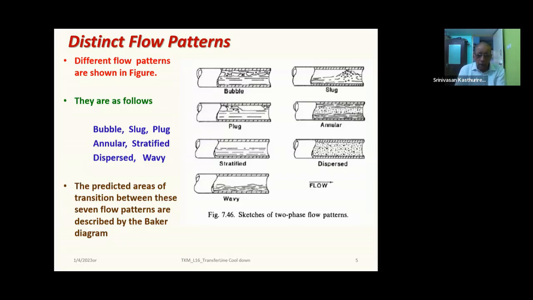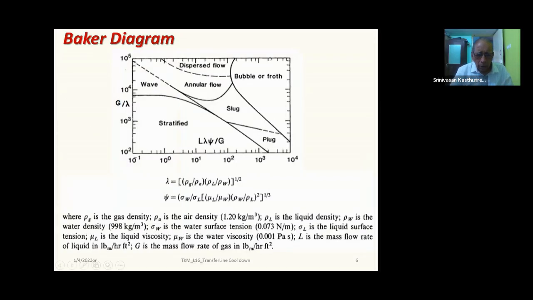Now, these flow patterns can be described or understood by what is called a Baker's diagram. What is the Baker's diagram? We'll have a look at that in the next slide. The Baker's diagram plots two parameters.